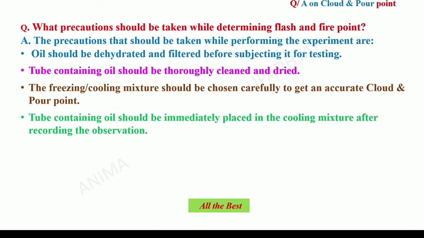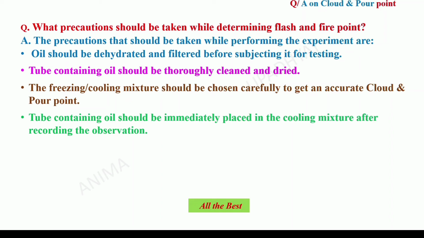So what precautions should be taken while determining the cloud and pour point? While performing this experiment, the precautions that are taken are that the oil should be dehydrated. There should not be any moisture content present in the oil. It is filtered to remove any impurities that are suspended in it, and then it is subjected to testing.